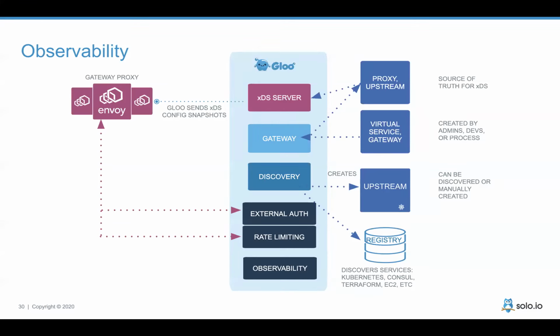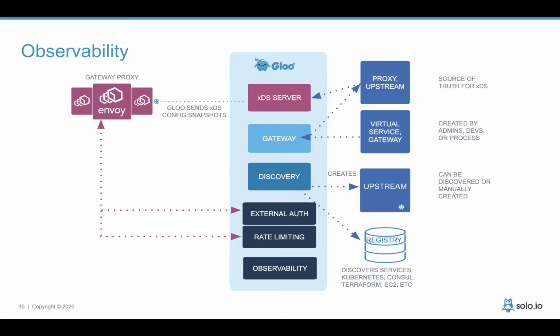Gloo integrates nicely with things like Prometheus and Grafana, so we can tie into your existing metrics and dashboarding solution, or you can deploy it with Gloo. And we've had customers look at integrating with other metrics backends like Datadog, so we're trying to expand those integrations over time as well.